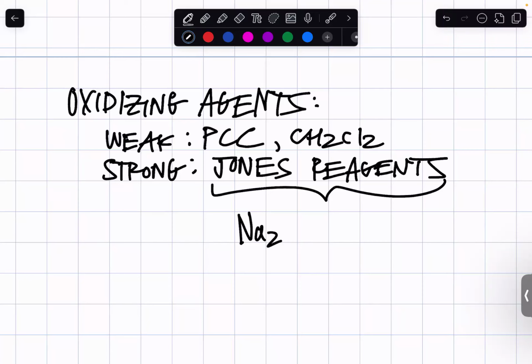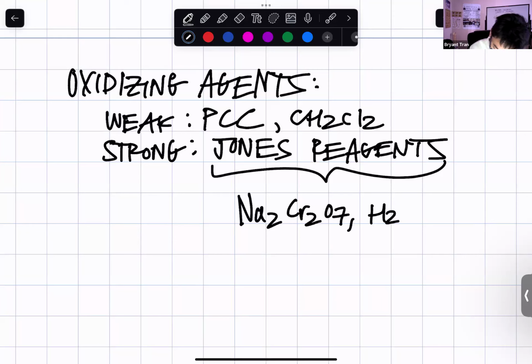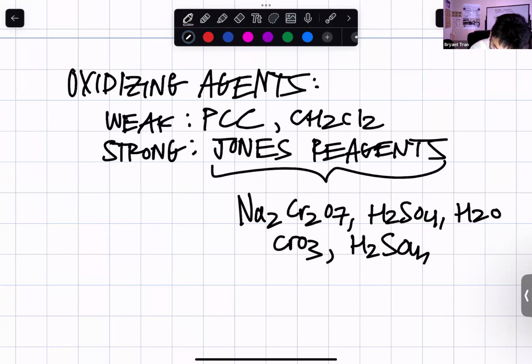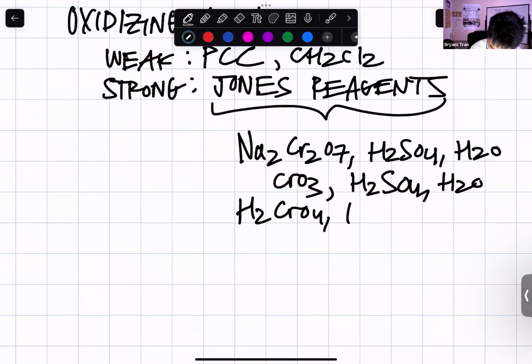Thanks. So there are different forms of Jones reagent that you can see: Na2Cr2O7, H2SO4, water; CrO3, H2SO4, water; and you could also see H2CrO4 and just water.